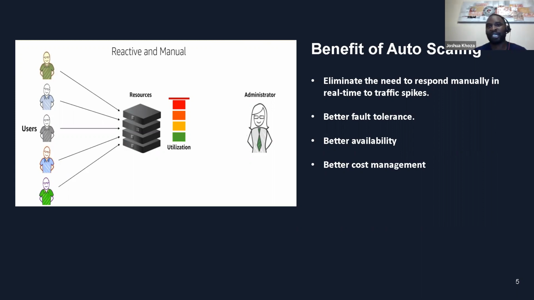It also gives better cost management, so you only pay for what you use at that specific time. For instance, if you need five servers deployed handling your application at that time, you will only pay for those resources at that time.